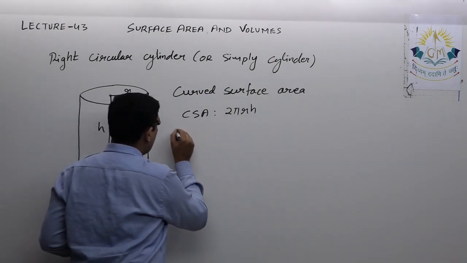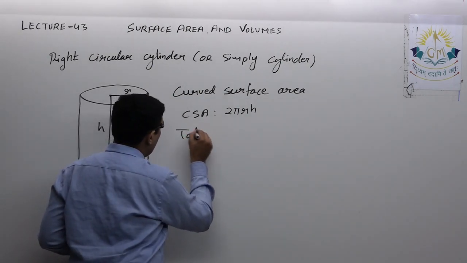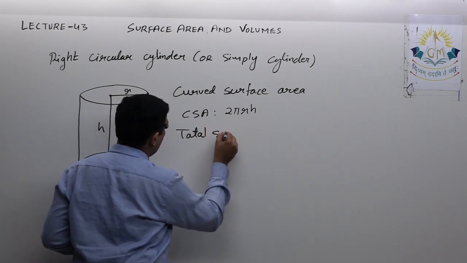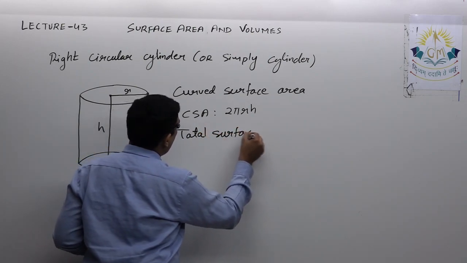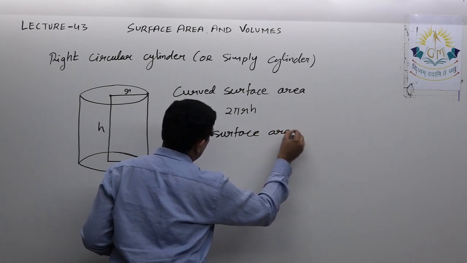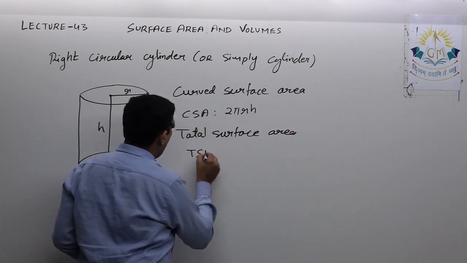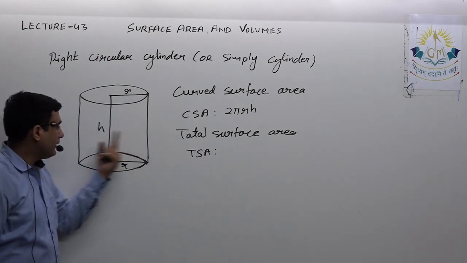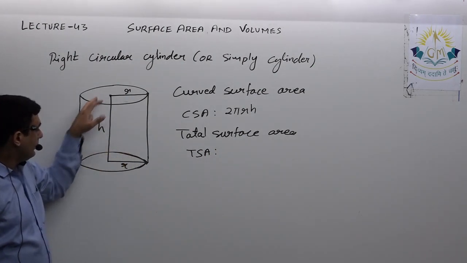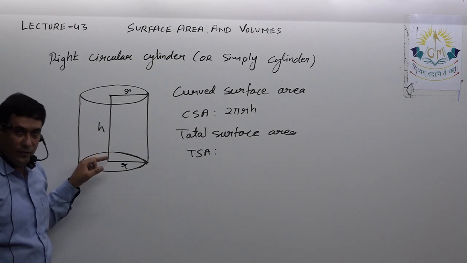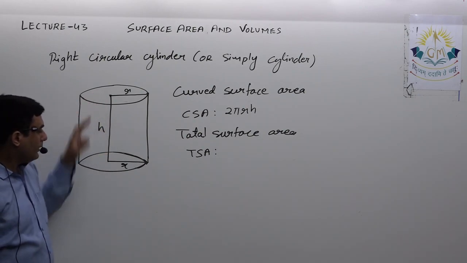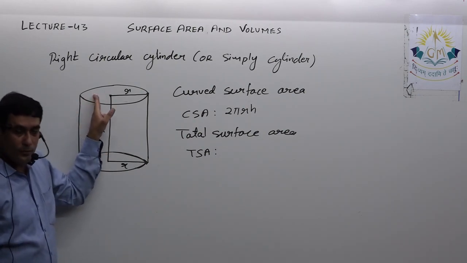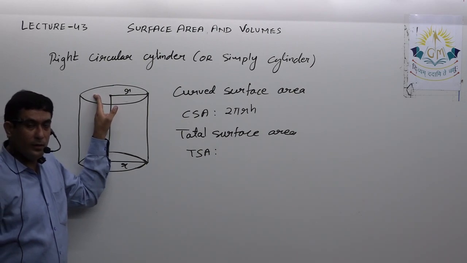Now, after this, we'll see total surface area. Total surface area means area of all the surfaces that the solid has. So other than this curved surface, this cylinder has two flat surfaces. This is circular, this is circular, and you must know the area of a circle is pi r square.